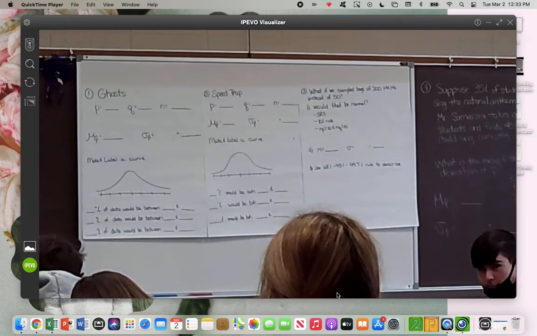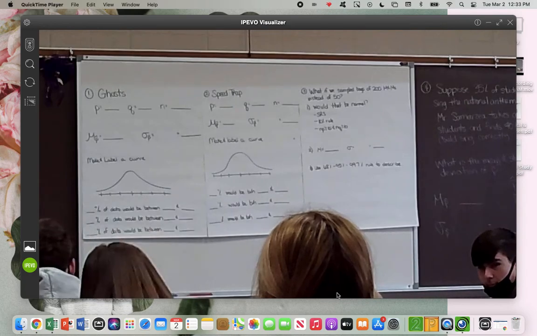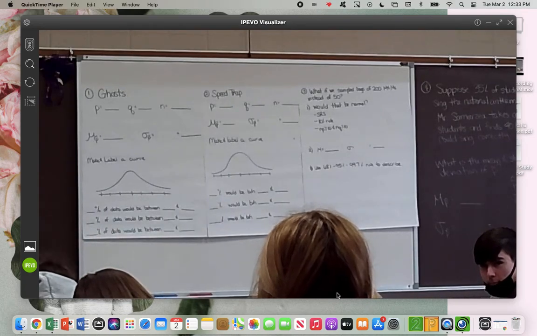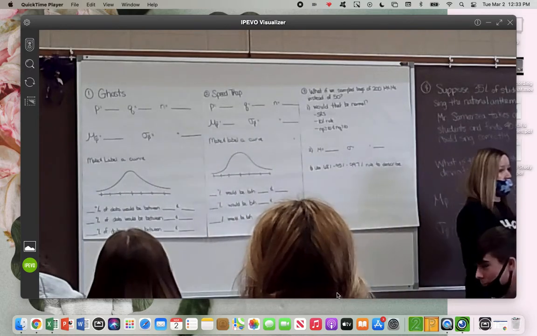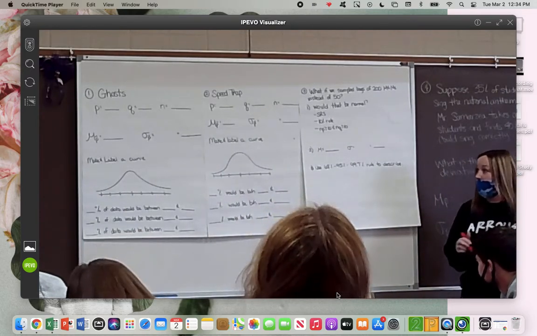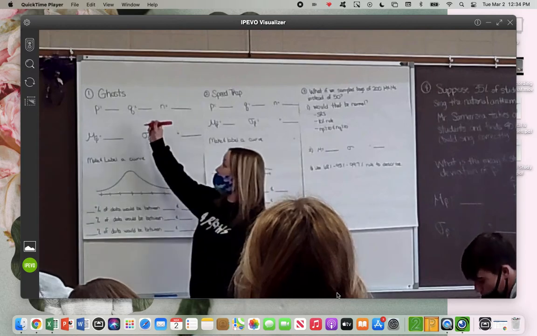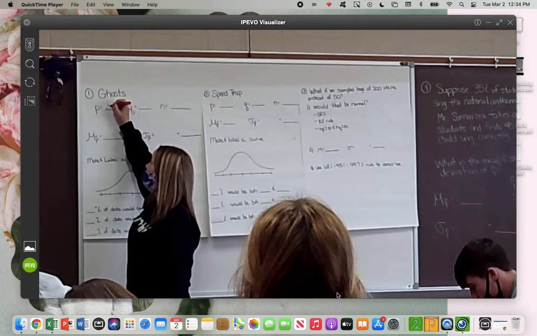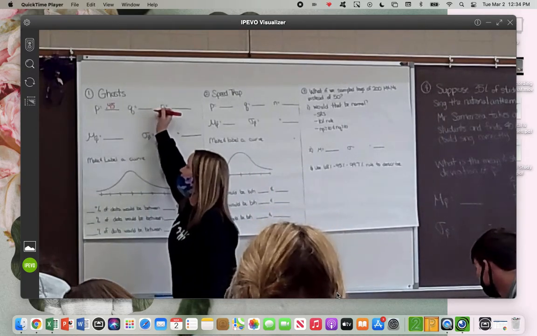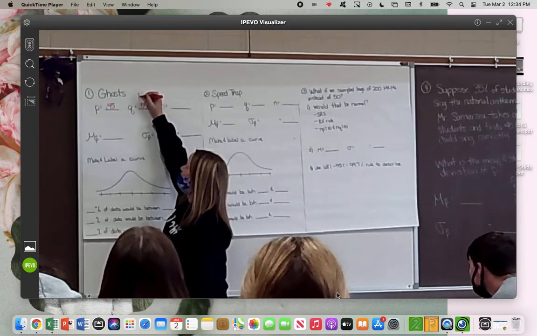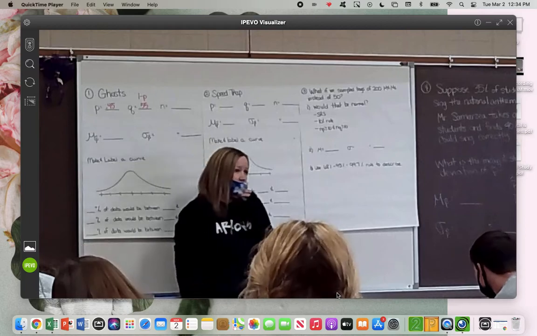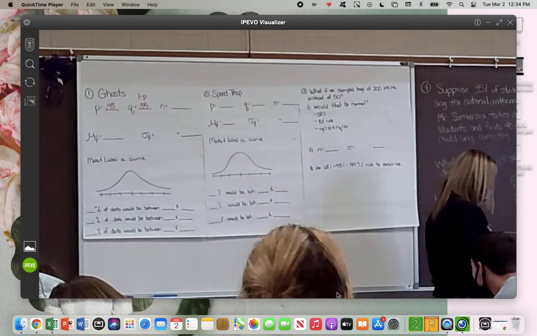All right, so yesterday, the ghost example. What was the probability of success of someone believing in a ghost? 0.45. So if the probability of success is 0.45, what's the probability of a failure? Don't we always get that from 1 minus whatever the probability of success is?